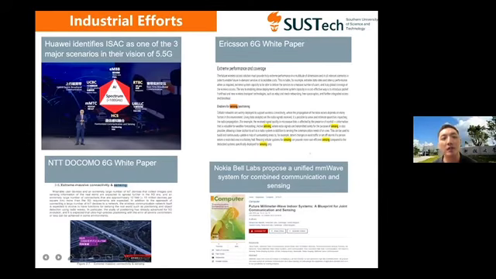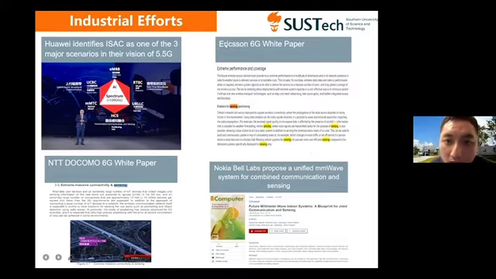And here are some industrial efforts on this topic. This is actually a bit of old news, which happened last year, in November. Huawei identifies ISAC as one of the 3 major scenarios in their vision of beyond 5G or 5.5G. This year, they have explicitly proposed that ISAC can be one of the key techniques of their 6G vision.